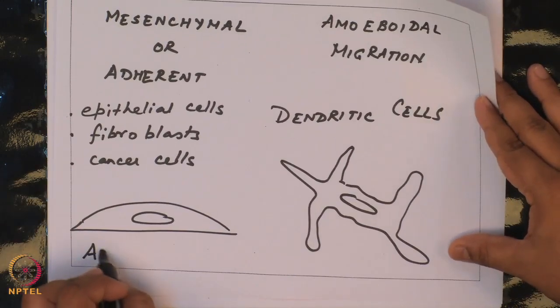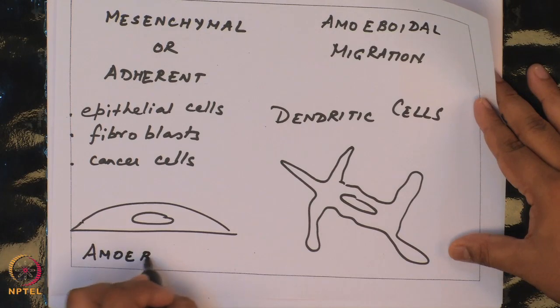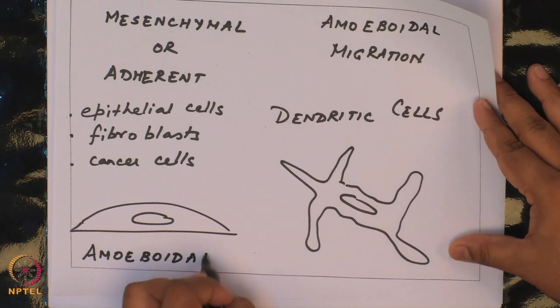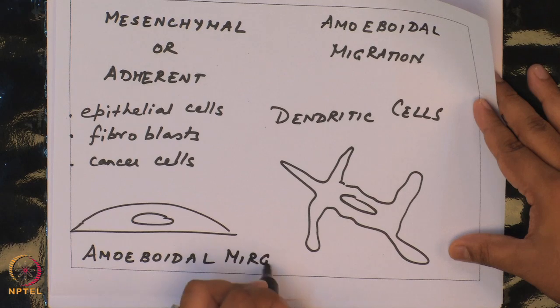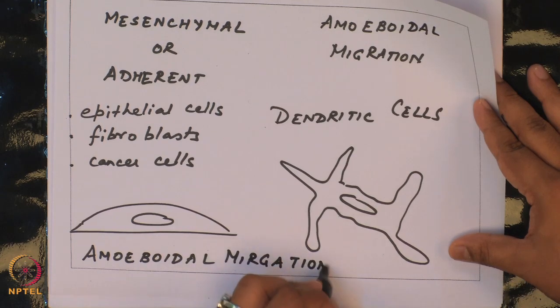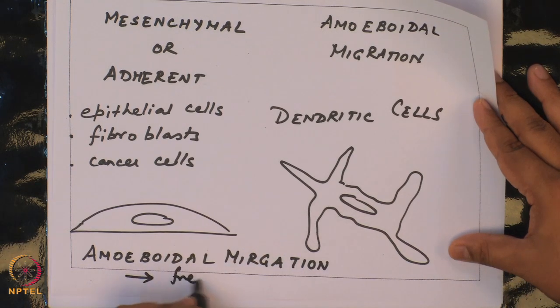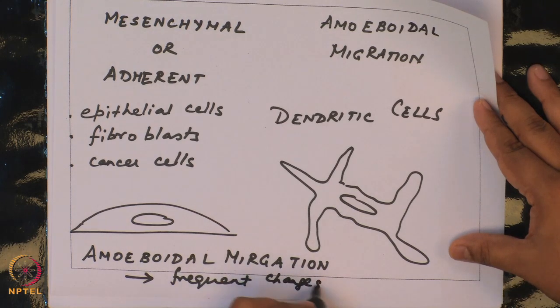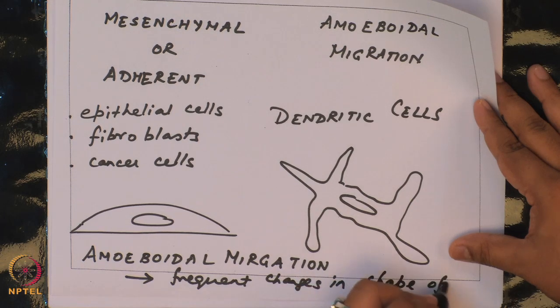Amoeboidal migration is characterized by frequent changes in shape of the cell.